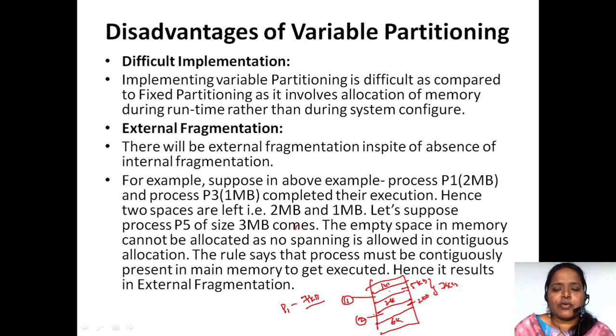So what we are going to do is compact all those spaces. Compacting means we keep that 5 KB and 2 KB either at the ending or at the starting. We group all those spaces and keep them at the end or at the top, so that it can be used by another process.